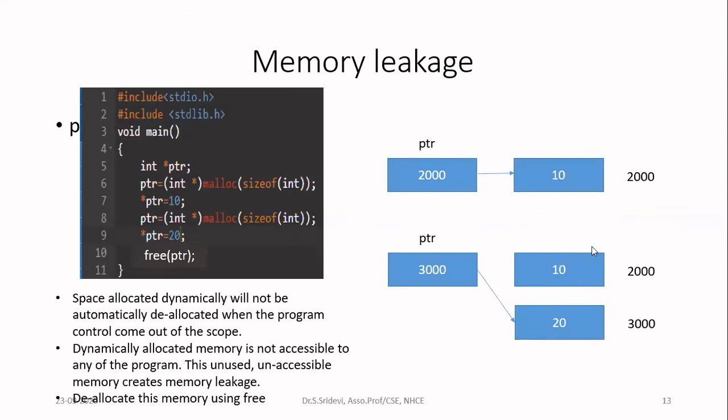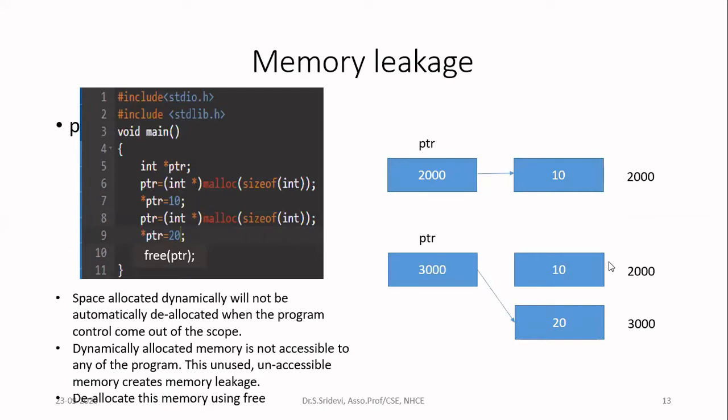Now this memory location you are not going to use, and it is also not available to others, because you have allocated this memory by using dynamic memory allocation. So only you have to remove this by using free. The compiler will not delete it. You have to deallocate this memory by free. But I have used free only for this 3000, not for this 2000.